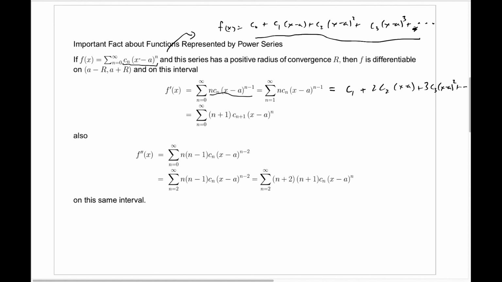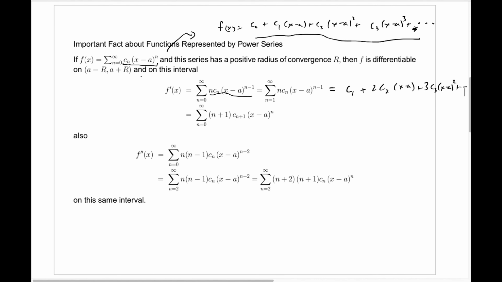And the final thing, which I haven't mentioned so far, but I have it written down here, is that if you start with the power series with radius of convergence capital R, so that it converges absolutely on this open interval, then the derivative will have the same radius of convergence, and the derivative will converge absolutely on this same open interval. What happens on the endpoints is actually a much trickier issue. As I said, we're not going to be quite so interested in what happens at the endpoints, but there are some weird examples where you can have a power series with radius of convergence 1, for example.